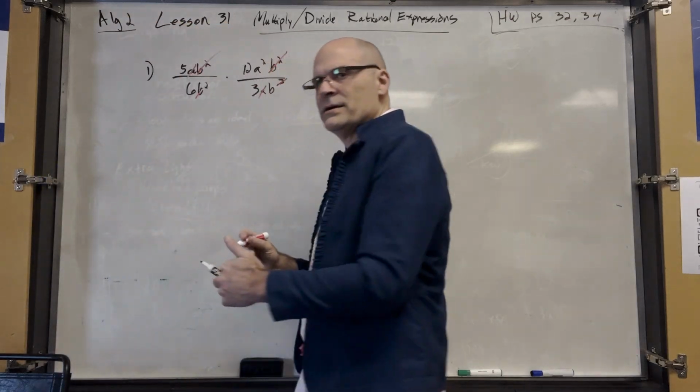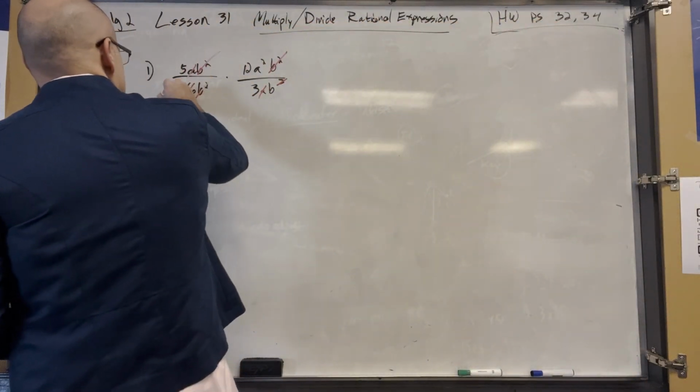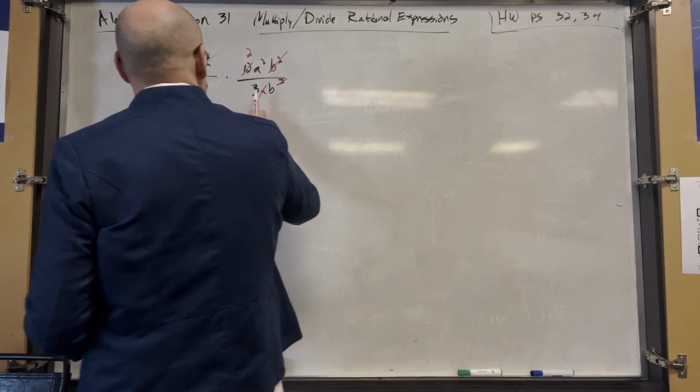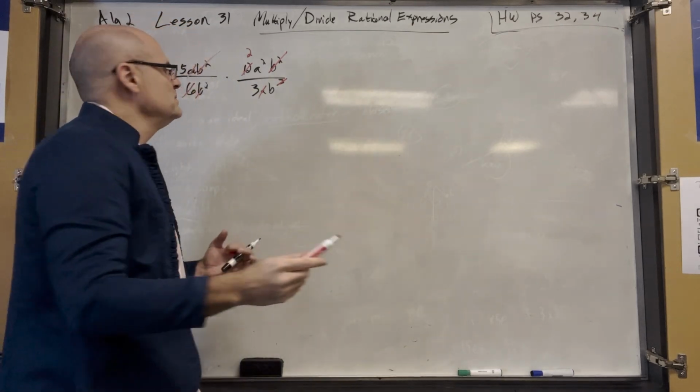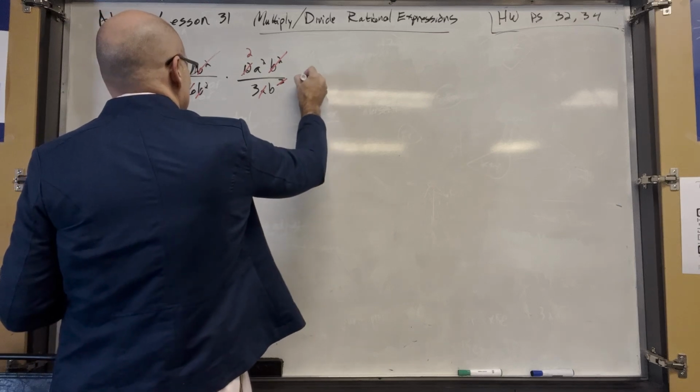Now let's cross reduce numerically, Austin. 6 and 12, that's the only thing so far. And then you could have done the 3 and the 12, but you still would have ended up with the same answer. All right, and that's it. The 5 and the 3 don't reduce, and vertically it doesn't either.